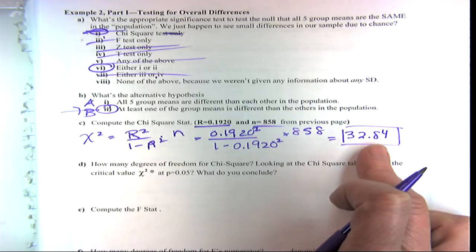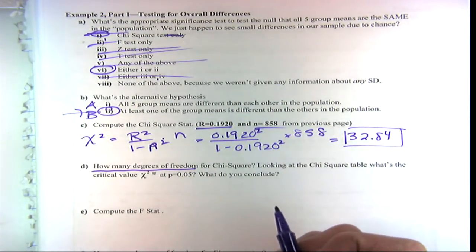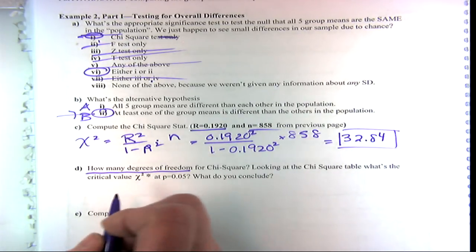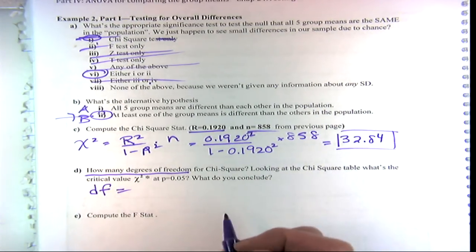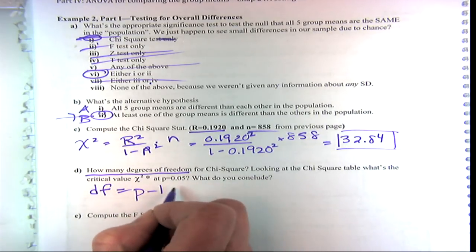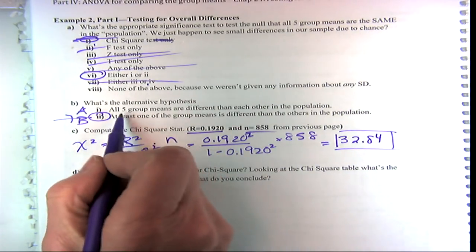Because chi-squared, the mean, when the null is true, is equal to its degrees of freedom. Now, write down the degrees of freedom. What do you think it is? Remember, it's p minus 1 always. So in this case, p is what? How many groups did we have? Oh, there it is. It gives you it right there.